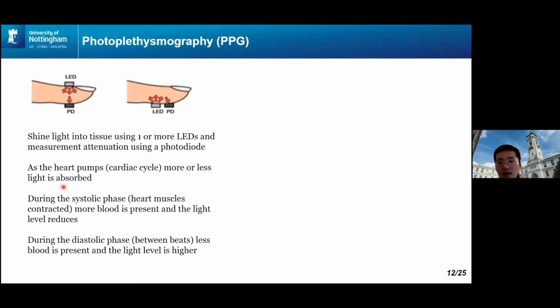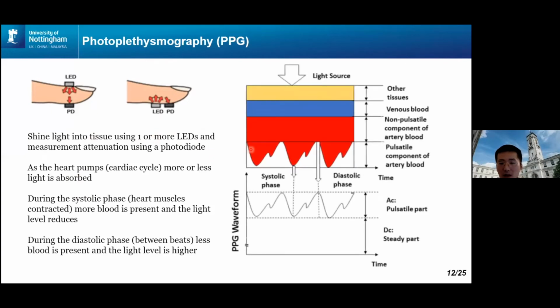Then you will see a periodic signal captured from the photodetector or photodiode representing the two phases. The right-hand figure shows the light absorption from the light source to the receiver. Here is the photodetector, photodiode, and the resultant PPG waveform, which represents a periodic signal.